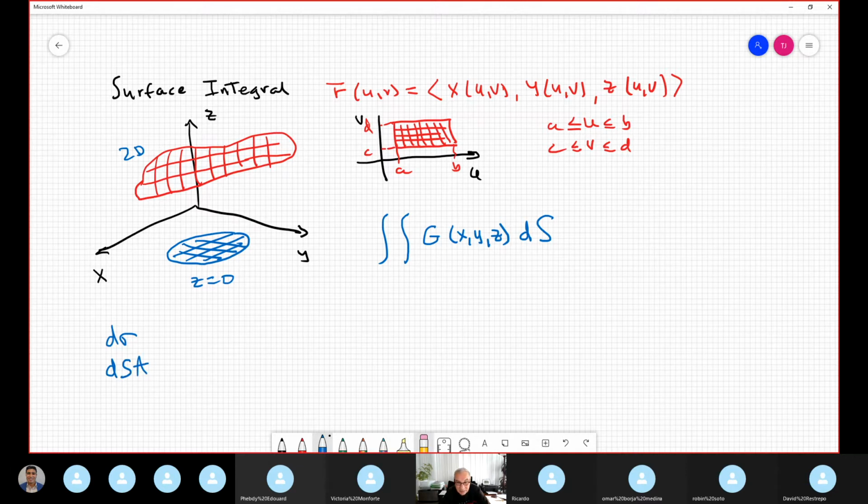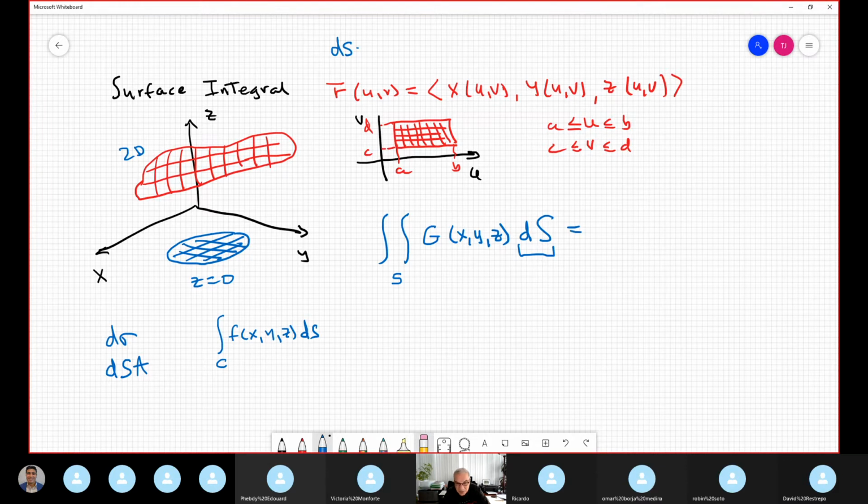I like to call it capital S, which is completely different from ds in the line integral, because little s is arc length, and this is not. This is an infinitesimal element of the surface area. Similar to the line integral, you put the surface, 3D or 2D, depending. This is line integral, this is surface integral.